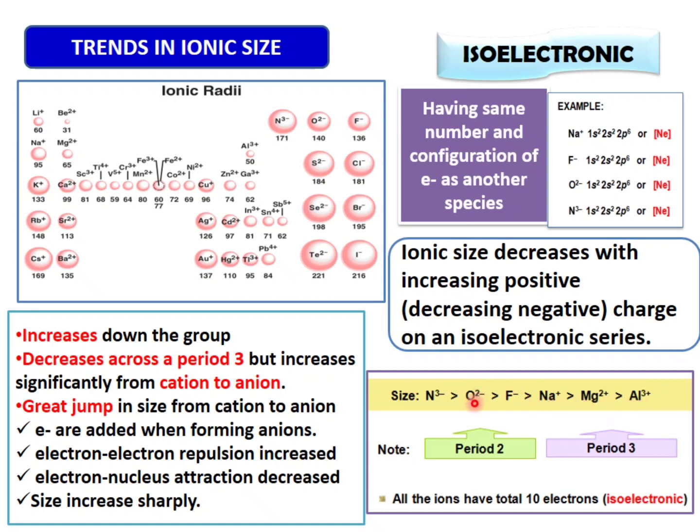Okay, but for the negative charge, N3 minus, O2 minus, F minus, as the negative charge decreases, the size of the ion will decrease. Boleh nampak? Okay, so all the ions have a total of 10 electrons. That's why all these ions we classify as isoelectronic, because they have the same number of electrons and the same electronic configuration.